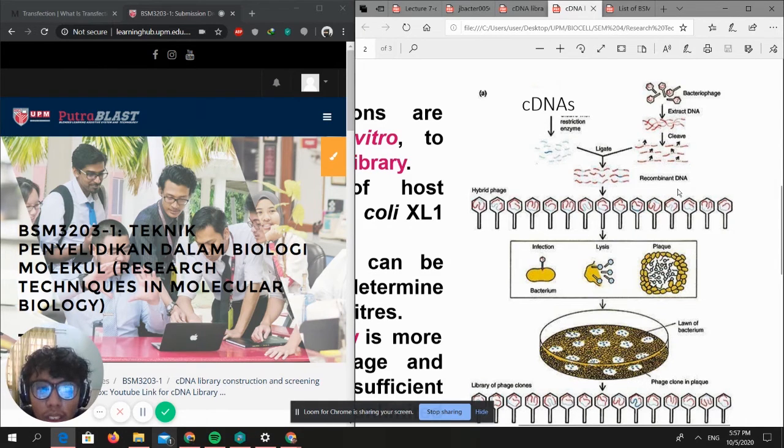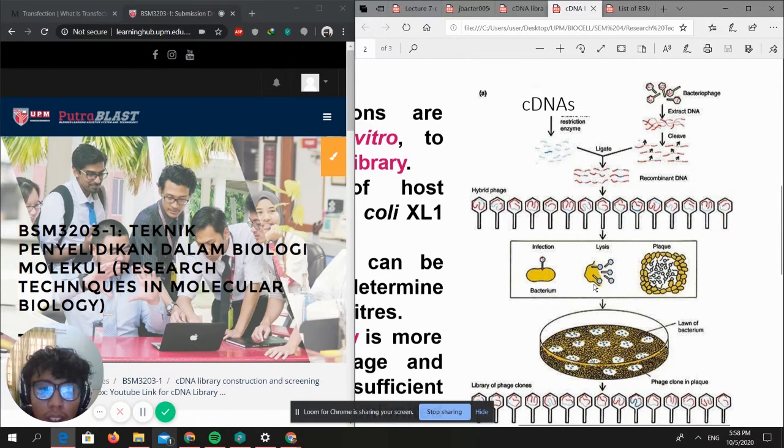After we produce recombinant DNA, we package it back into the phage. Then it is called a hybrid phage. After that, transfection can occur. As you can see in this picture, one virus infects the bacterium and injects the recombinant DNA into the bacteria, and then the bacteria will produce all the components for the phage.